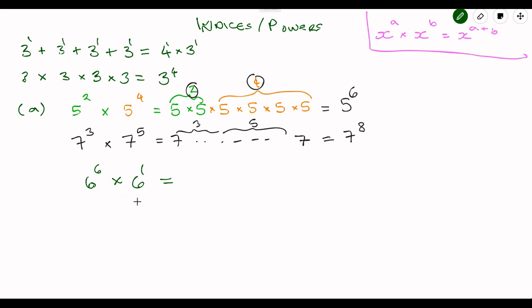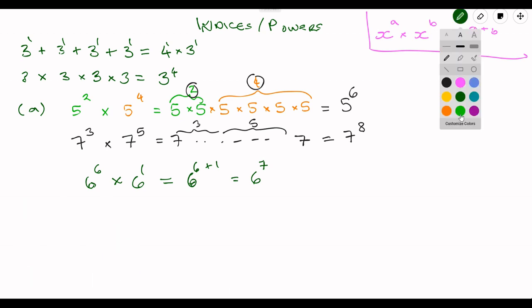We don't normally write a 1, but I find it useful to remind yourself that it's 6 to the power of 1. Add them together, so that's 6 to the power of 7. Done. Okay, I'm going to just give you a couple of questions to try.